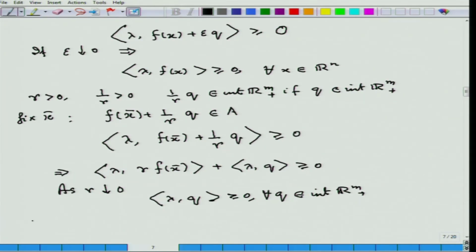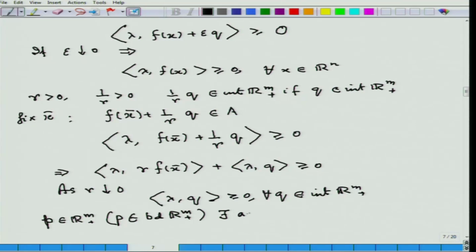Now, take any such p in R m plus. Now, because R m plus is closed, any such p is a limit point. So, for every element in the interior you have proved this is true. Now, take p in R m plus and just take p to be in the boundary of R m plus.